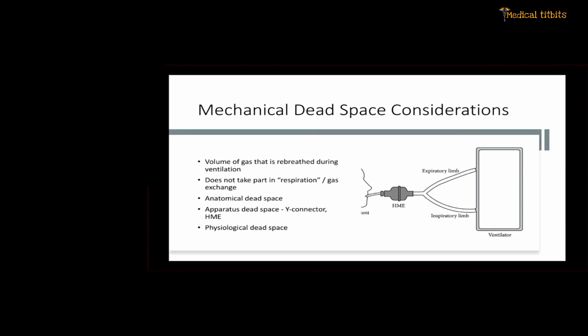But again, the circuit, the apparatus dead space, the components of the breathing circuit, including the endotracheal tube, HME, and the components up to the Y-piece, where the inspiratory and expiratory limbs meet, actually adds to the dead space. Again, while doing mechanical ventilation, you have to always think about the physiological dead space, because physiological dead space is where ventilation may be happening, but gas exchange is not happening, because it happens always with a diseased lung.